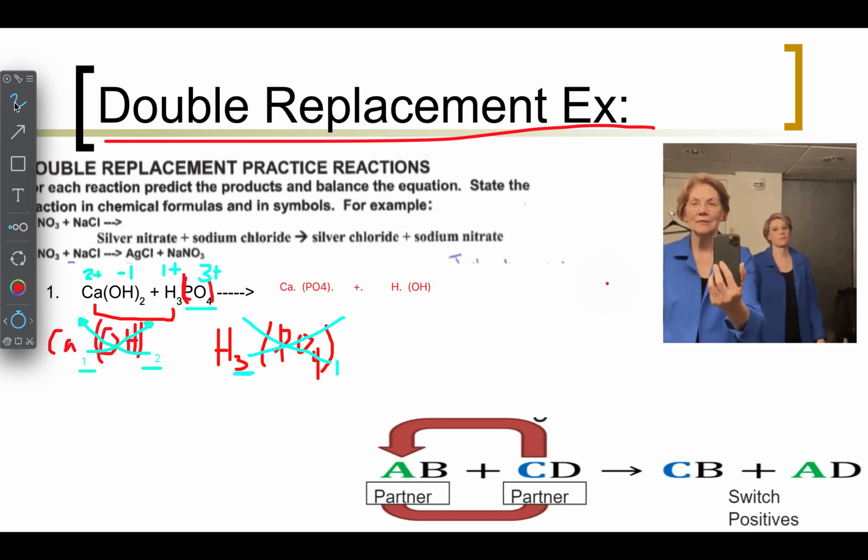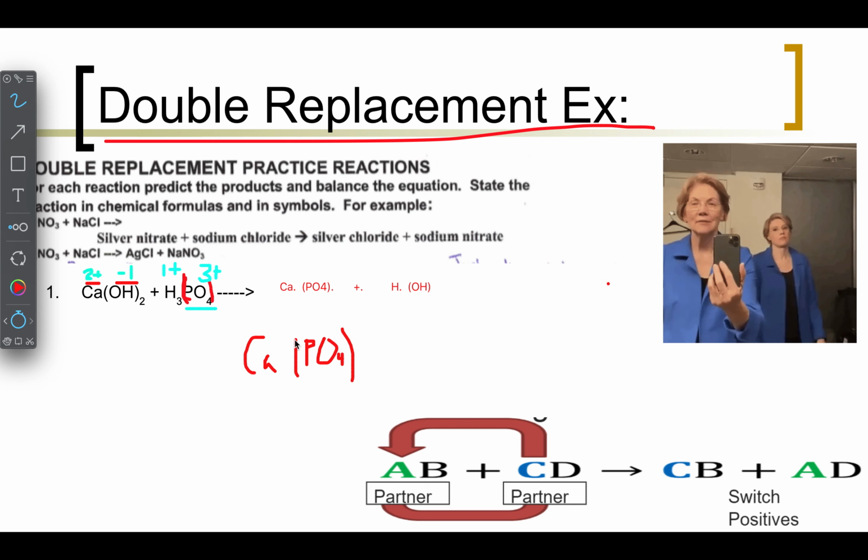So again, we're going to get our charges from over here. We already figured them out, right? I'm going to get rid of this old stuff right here. And then we're going to do our charges. So we have our Ca, and now it's a PO4, and we're going to put those charges in.